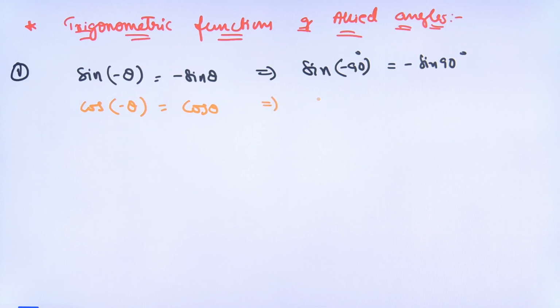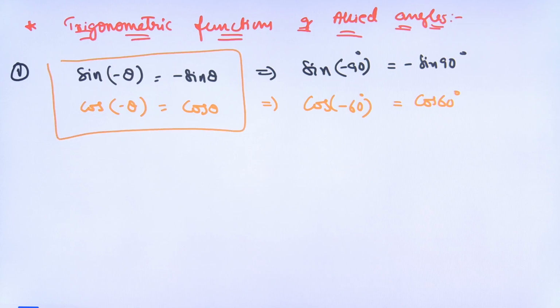Like cos minus 60, if you ever see this, it can be written as cos 60. Got this formula, everyone? Here I'm writing formulas and here I'm writing one example. Clear, all of you?